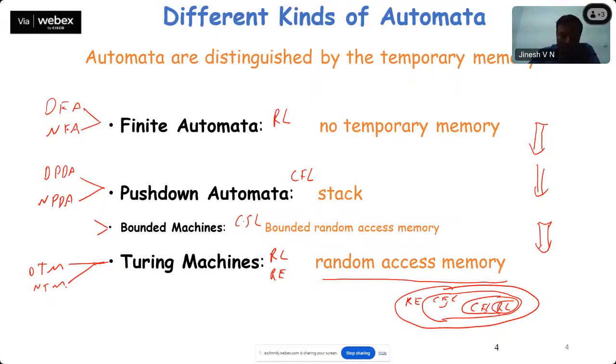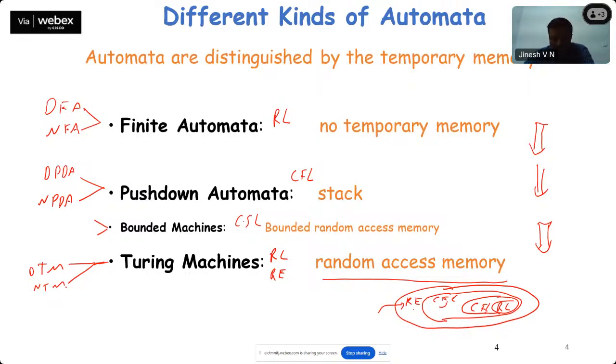That means if you are able to design a Turing machine, you will be able to make a machine to accept a specific recursive enumerable language and the recursive languages. And most of the programming languages have the property of recursive languages, meaning we are using recursion.